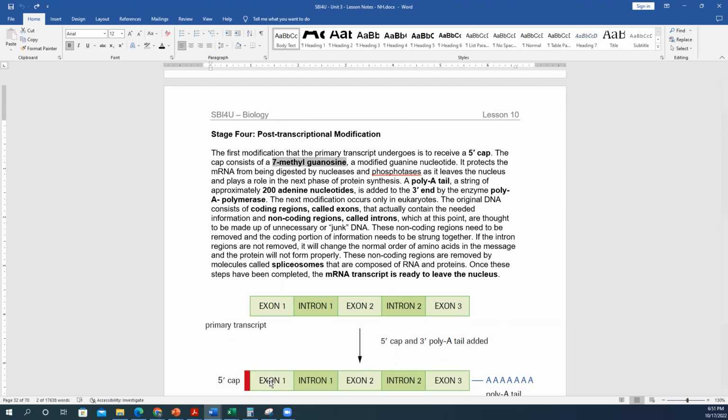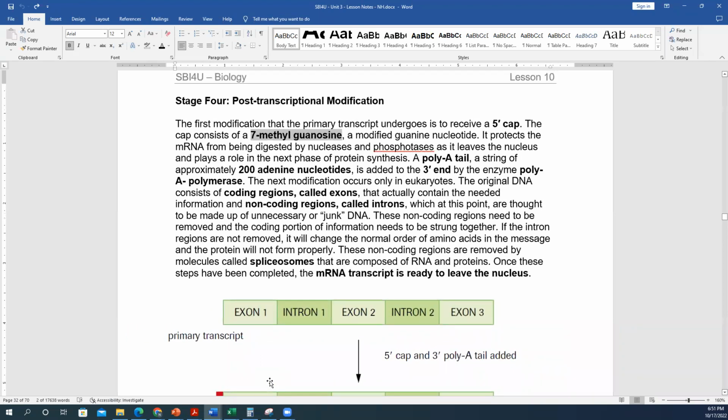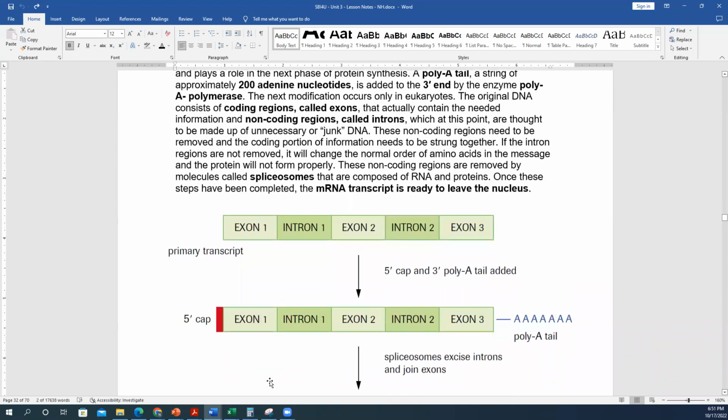The second thing that needs to happen to this mRNA is that it needs to get a poly-A tail put on the 3' end of it. So at the 5' end, it gets a 5' cap, a methyl guanosine. At the 3' end, it gets a poly-A tail.